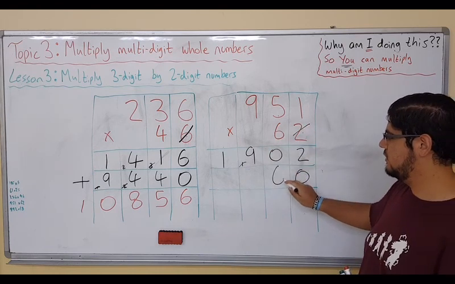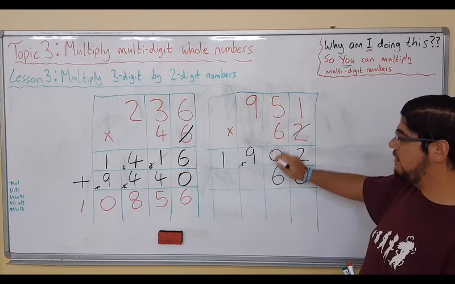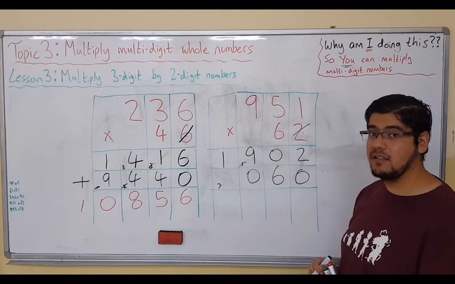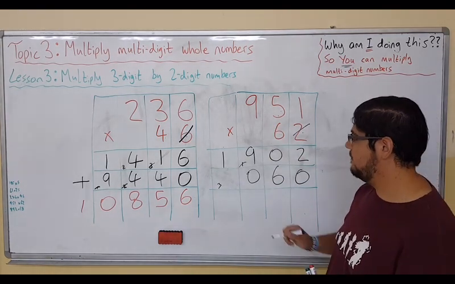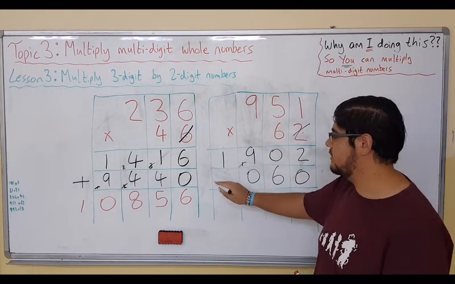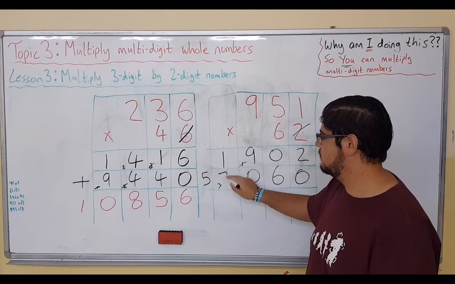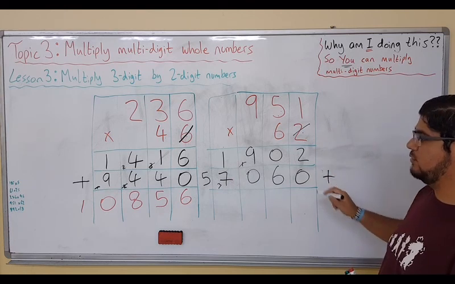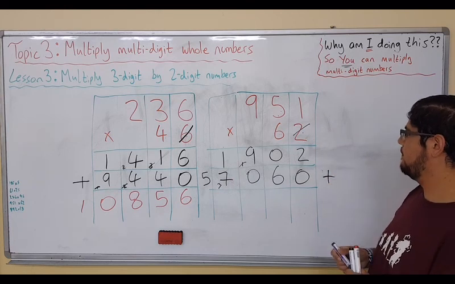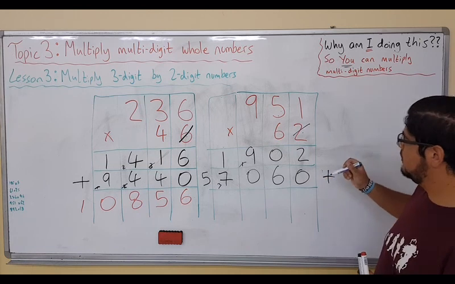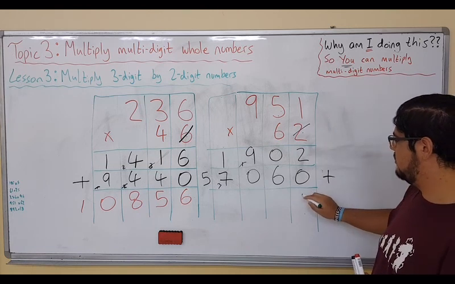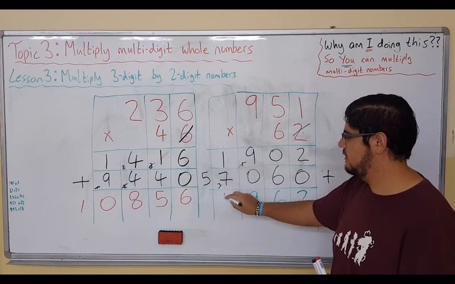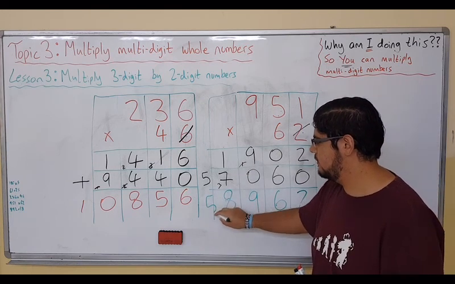6 times 1, 6. 6 times 5, 30. Right, 3, right, 0. 6 times 9, 54. Okay? Plus the 3, 57. Now we're just going to add these 2 together. 2 plus 0, 2, 6, 9, 8, and another 5.